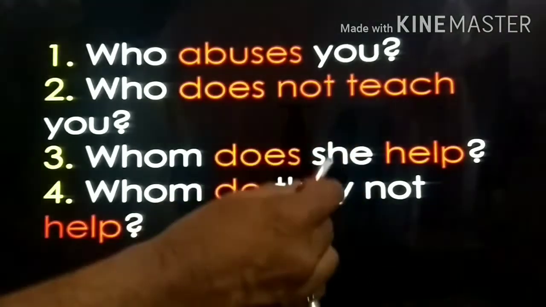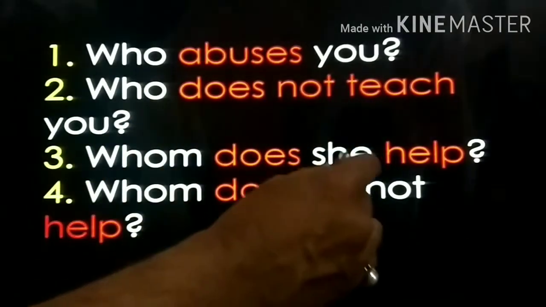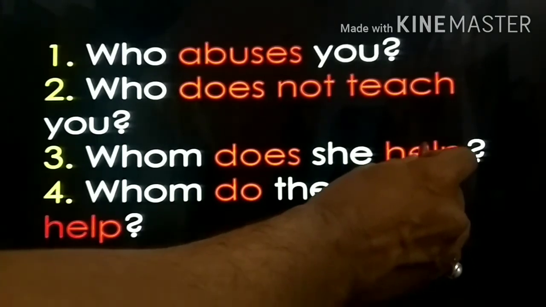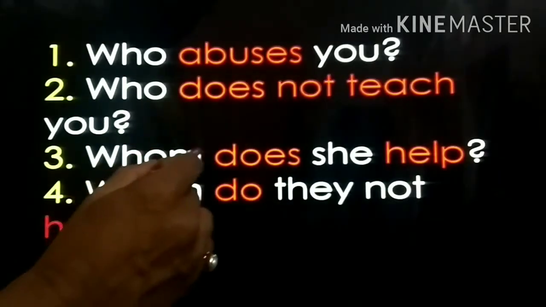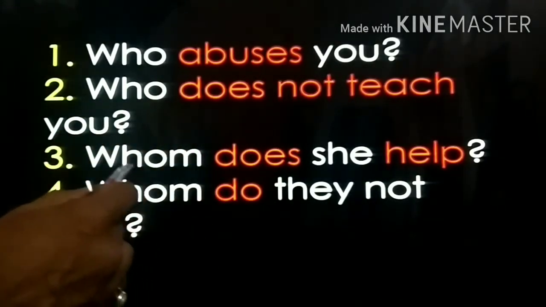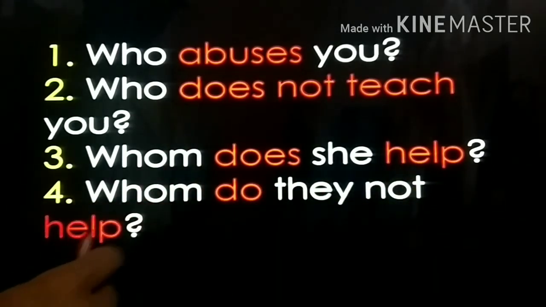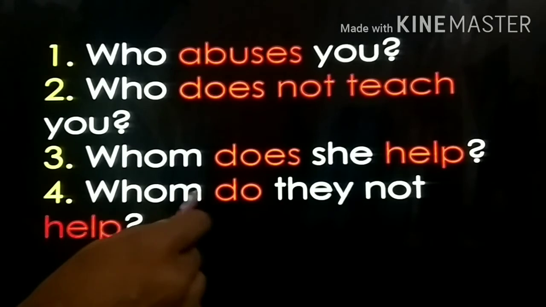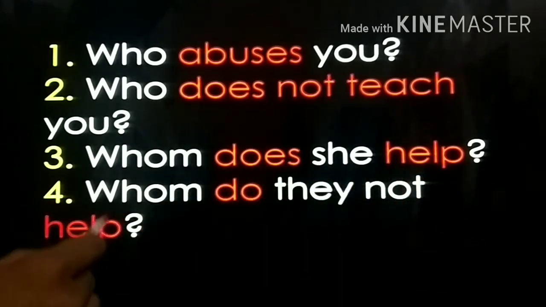She means singular subject, so we have used does. Whom does she help? This is the question word and this is the object also. Whom do they not help? In this sentence: question word, do, subject, not, help.